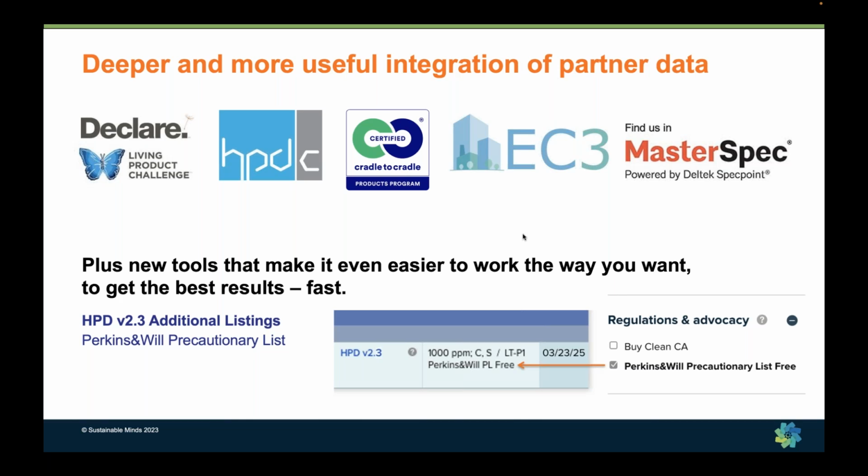So folks at Perkins & Will and anyone else who wants to find products that conform with that set of material ingredients, you'll be able to filter by that precautionary list and find products with HPDs that have no chemicals that are on that list. And that'll be coming next month.